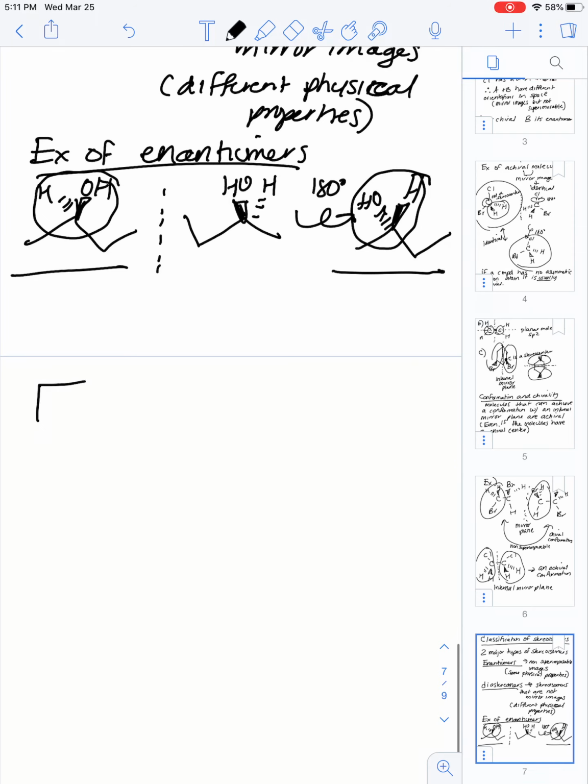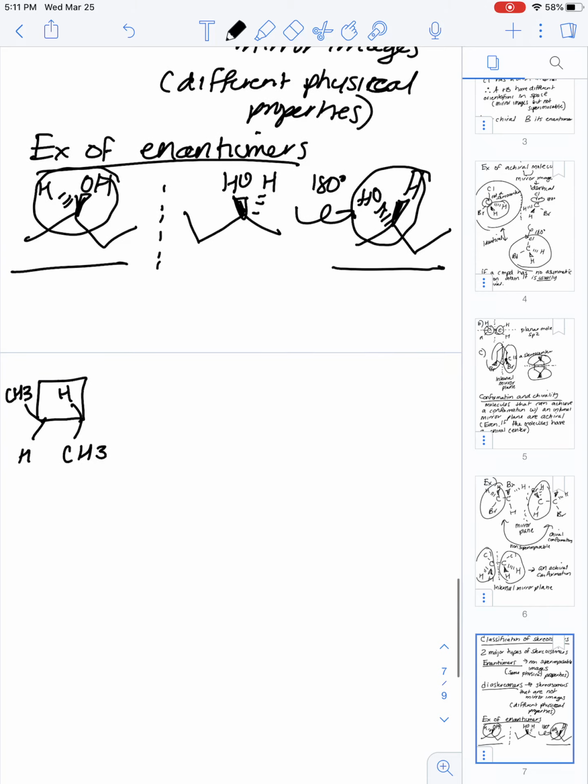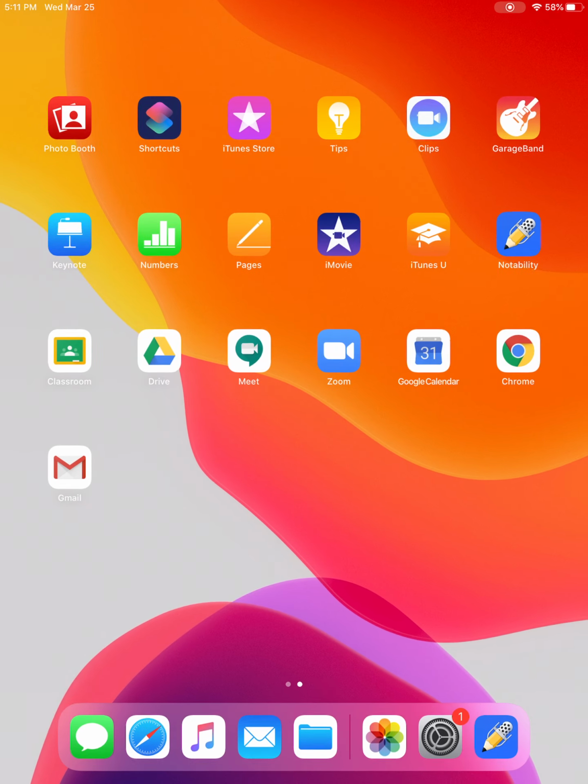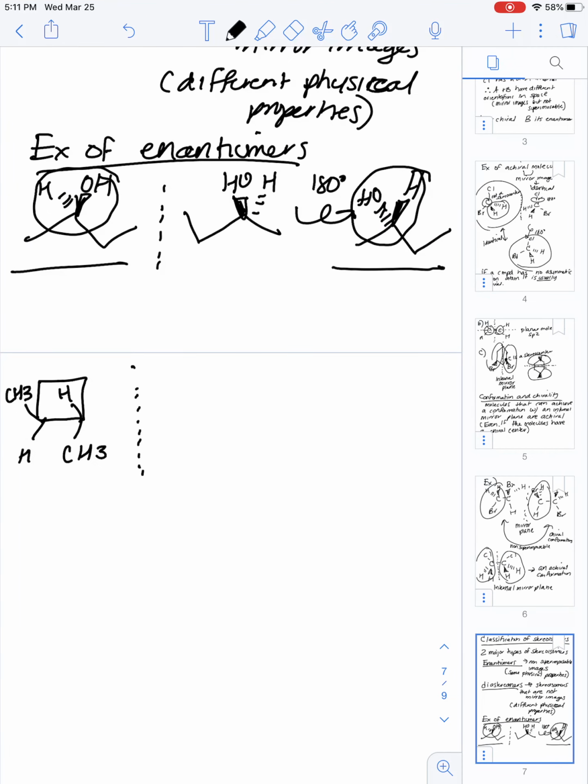If we look at this molecule here, you have your axial and your equatorial positions; you can kind of think cis and trans, which may help you. If you look at your mirror plane, what we're going to have is this molecule here.